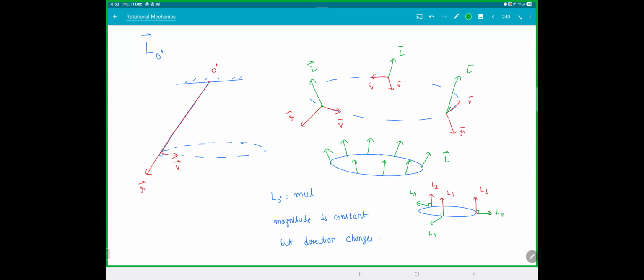Is that making sense? So your L parallel is rotating in a circle, whereas the L perpendicular is in a constant direction. So if L is not constant, that means there must be a torque. Everyone clear with this? That would be a straightforward question. What is the angular momentum about O dash? Is it constant? It is not constant. Is the magnitude constant? Yes, the magnitude is constant. Any doubts on this?